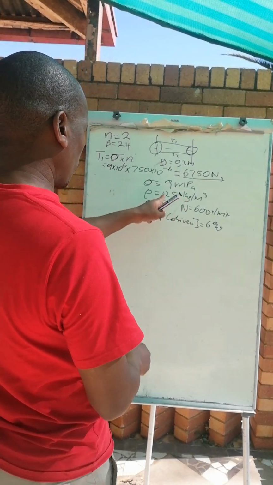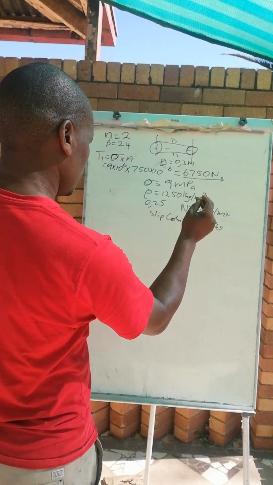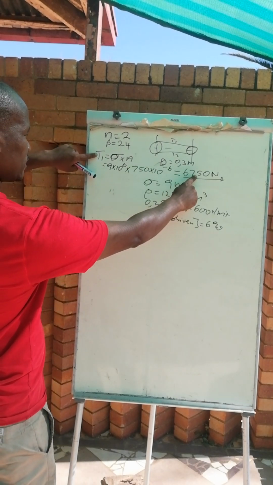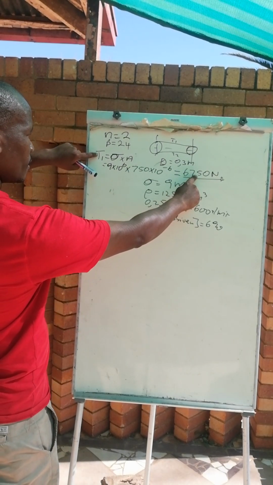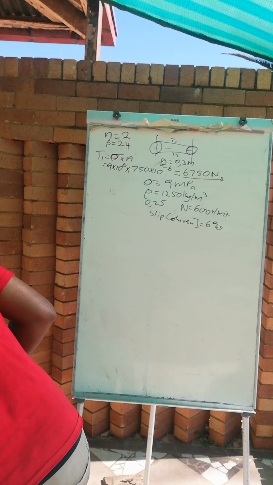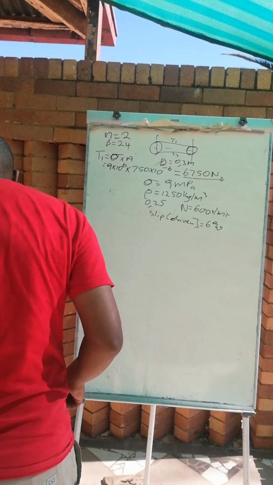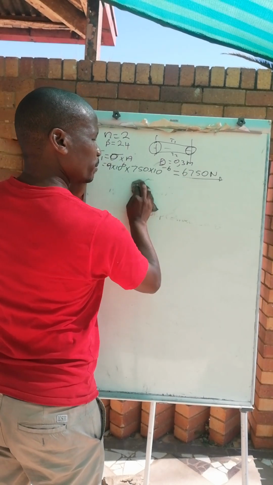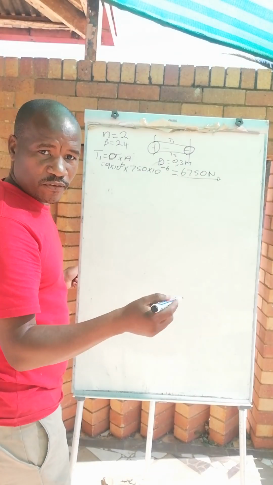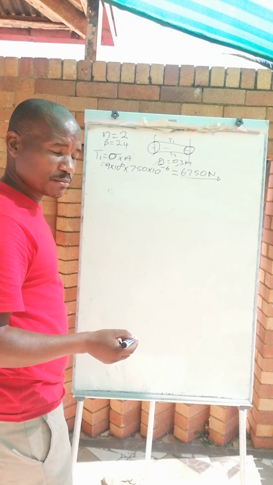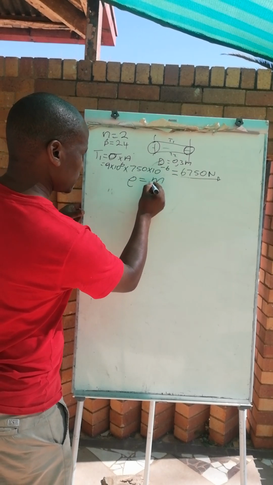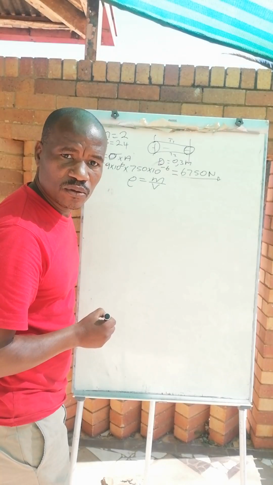Okay, right. We've got the tension on the tight side. And then the belt material has a density. What does that mean? You know from high school that density is the ratio of mass to volume.